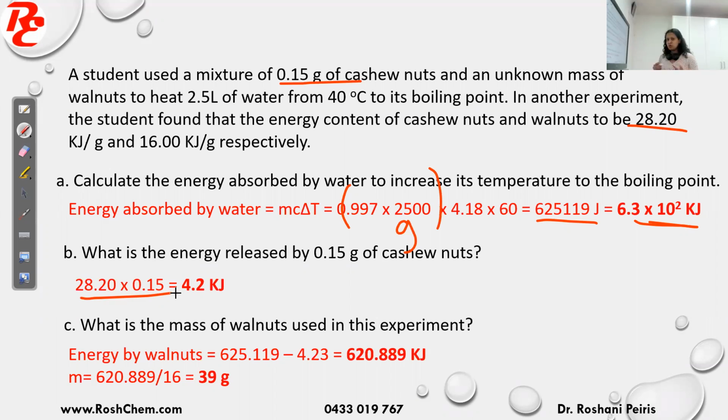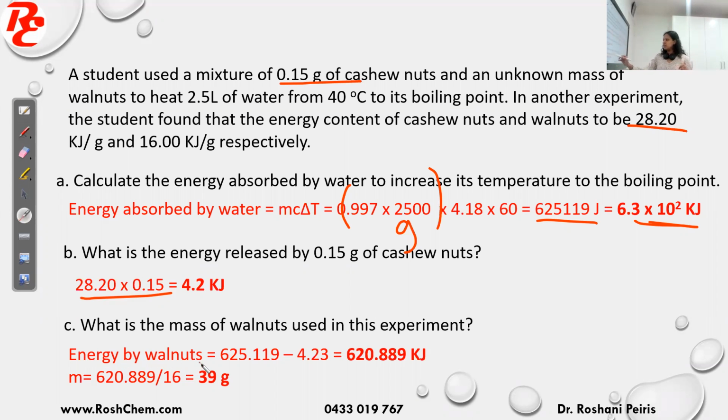The energy absorbed by water is 6.3 times 10 to the power 2. Where did that come from? Burning, it came from both cashew nuts and the walnuts. Now I found how much energy was released by cashew nut. Therefore, the difference is the energy released by the walnut. So this is what I did here.